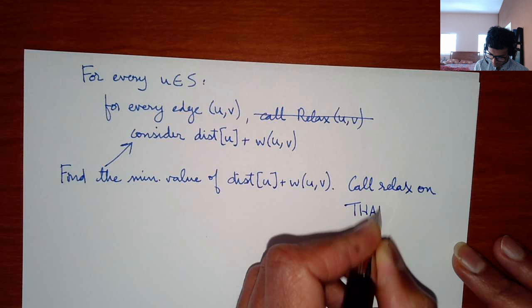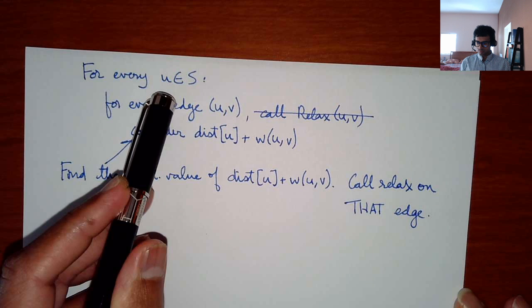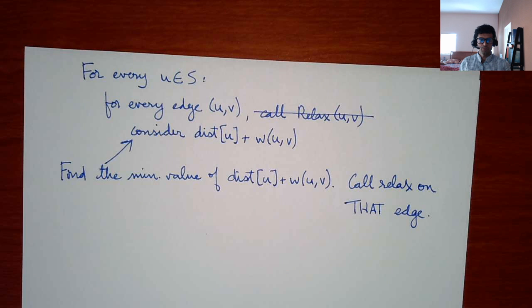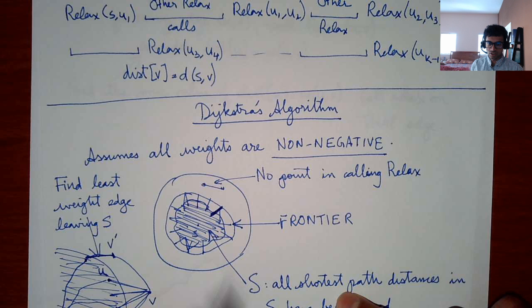This isn't an efficient implementation. I'll tell you how the efficient implementation works. But what it says is if you look at U in S, so S is the part where shortest paths have been discovered, you look at every edge that is leaving this set. That's the frontier. Now for each of those, this edge gives you a potential path to this vertex, because you could look at the shortest path distance from here, and then you look at the weight of that.